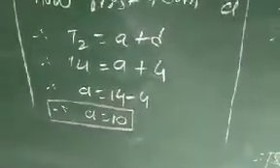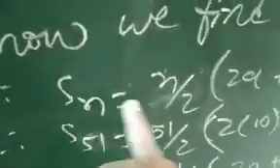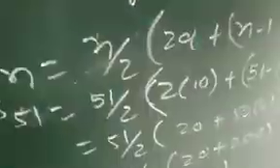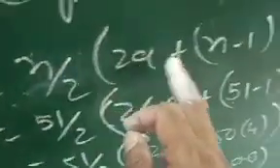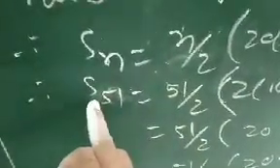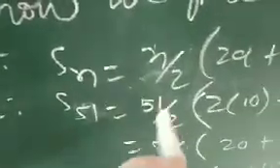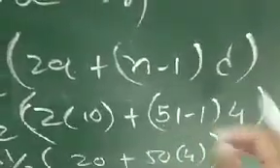After then a we have, and then d we have. So now we find the sum of first 51 terms of an AP. By the Sn formula, Sn is equal to n upon 2 into bracket 2a plus (n minus 1) multiplied by d. So S51, because sum of first 51 terms, is 51 upon 2 into bracket 2 multiplied by 10, a is equal to 10, plus n is equal to 51 minus 1 multiplied by 4, that is the d value.